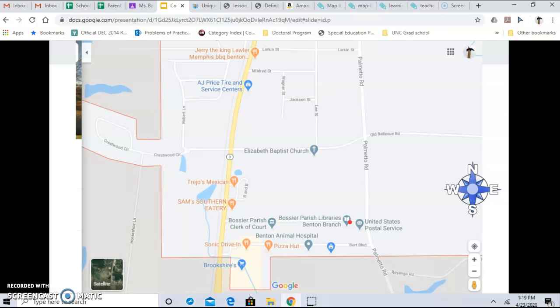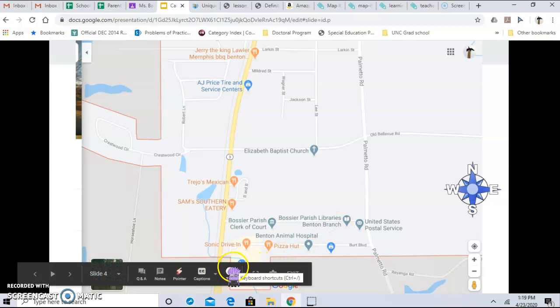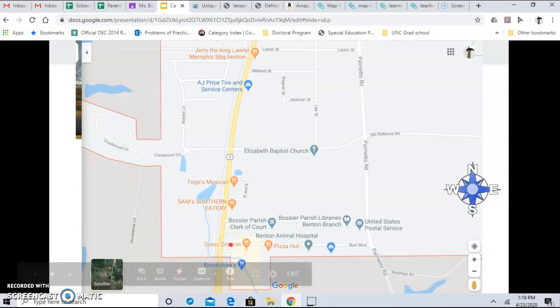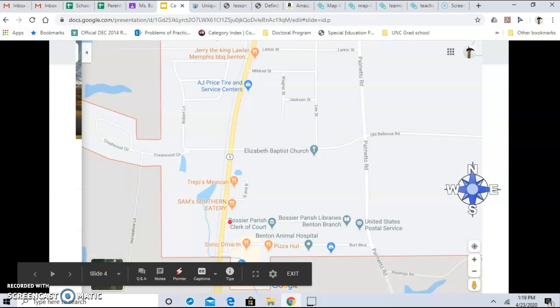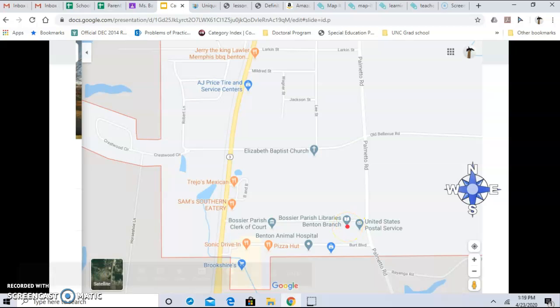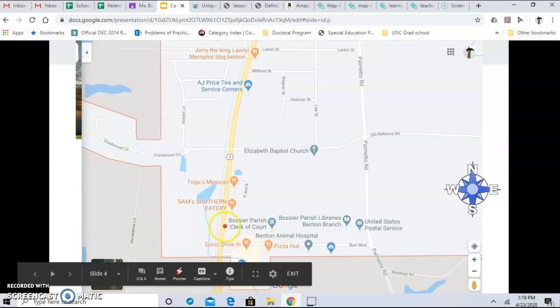Okay? So if you start at Brookshire's, you're going to go north to get to Sonic. Go north to get to the road that heads out to the library, and then head east to get to the library. All right? And then to get from the library to Trejo's, you're going to head west back to the highway, which is this yellow road, and then head north up to Trejo Mexican.